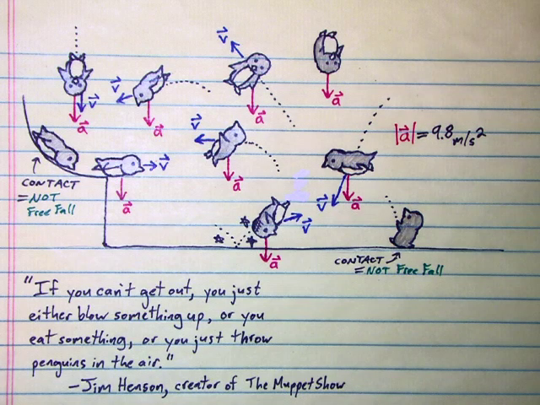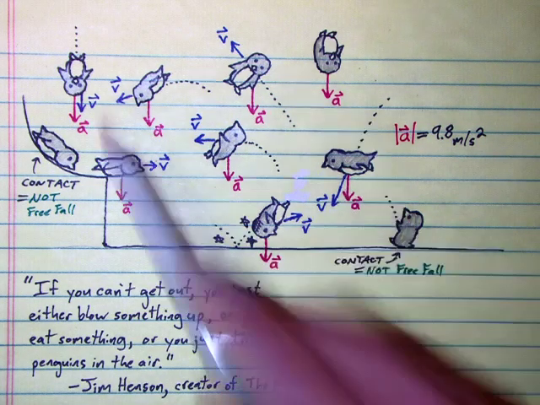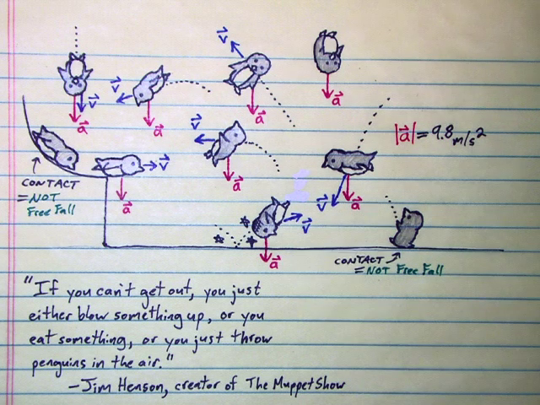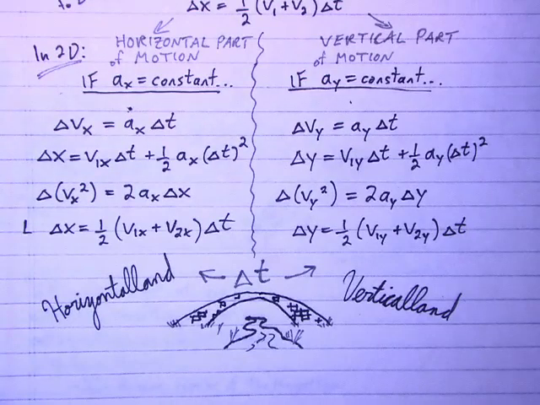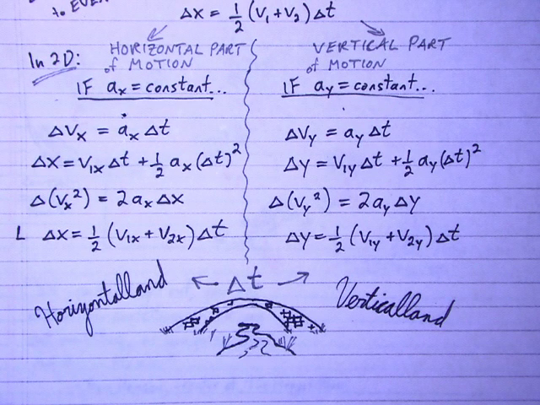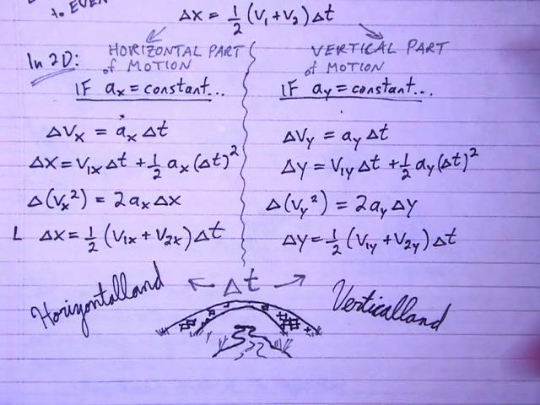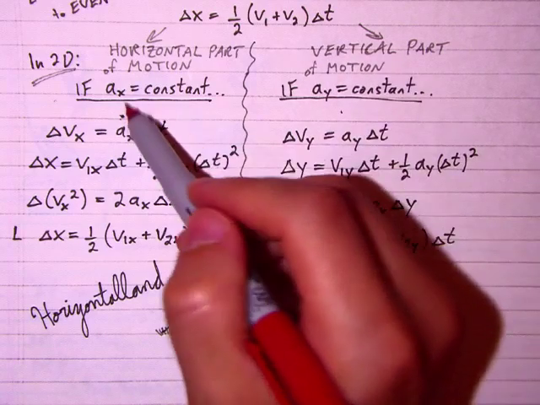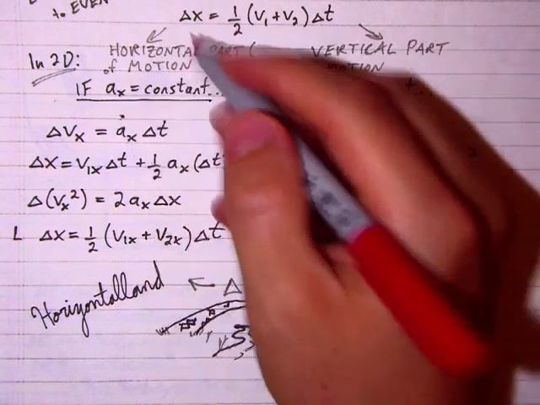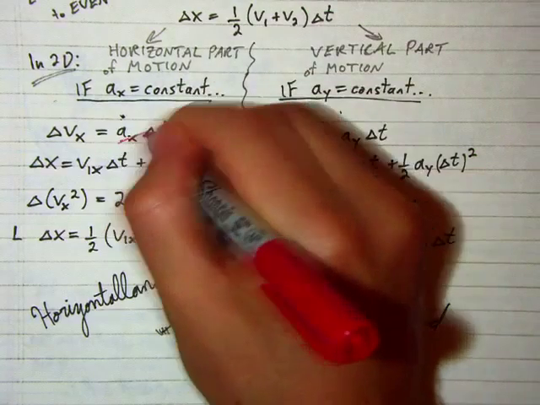Let's look at the equations of motion that we'll need to describe the motion of an object in free fall. So here were our equations for an object moving with constant acceleration. Now we determined that from experiment, in free fall, the x component of the acceleration is 0.